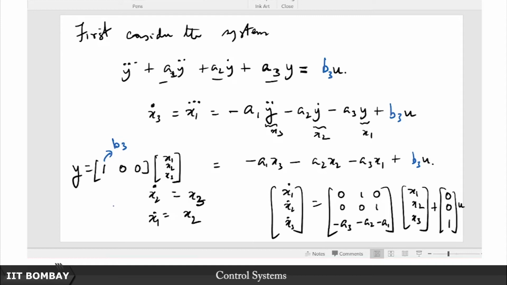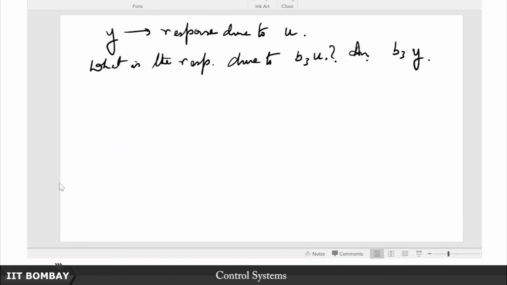Now I am just multiplying the input by B3, so the output better be also multiplied by B3. And then superposition does not only say that I can scale it up, I can also add scaled versions of inputs to themselves, right. So now the next question, what is the response due to u dot?